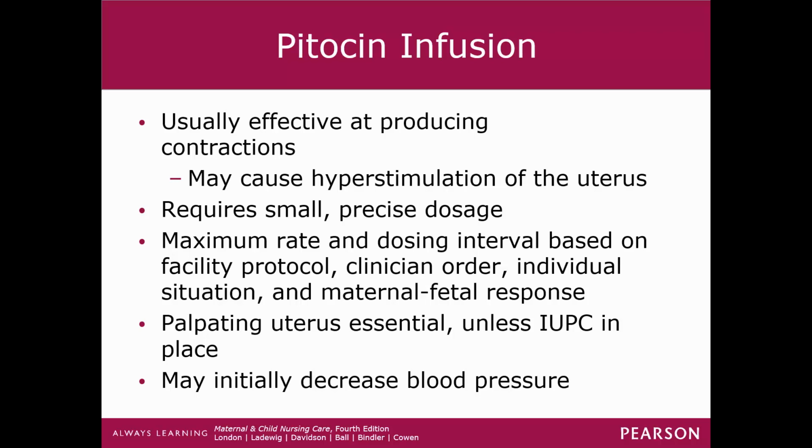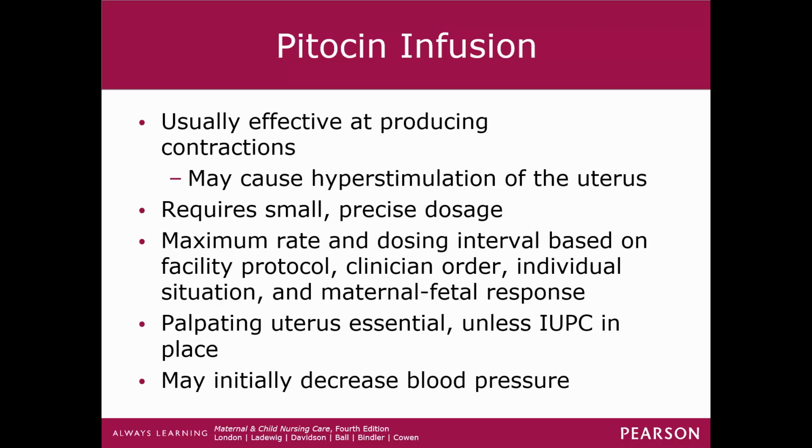It causes contractions, so we could cause too frequent contractions, and we could cause too strong contractions. If we did that, we can hurt the woman's uterus. We could rupture the woman's uterus.